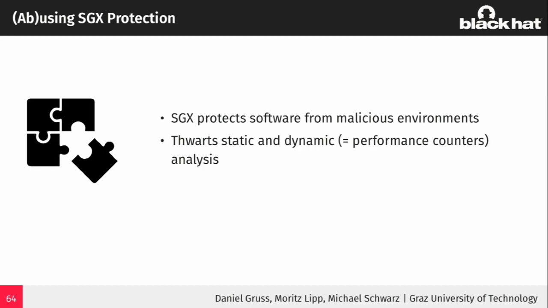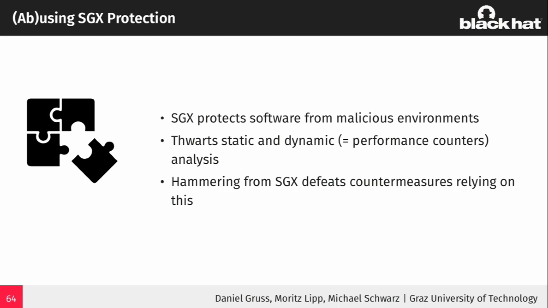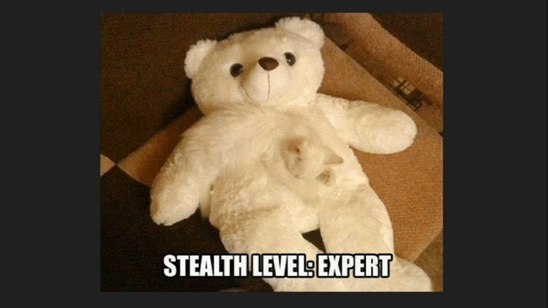And we can't do anything with the software that's running in there. We don't have dynamic analysis, we don't have static analysis, we don't have performance counters, so everything is invisible. If we now hammer from inside the SGX enclave, then we defeat all the countermeasures that were proposed. It also protects our exploit from benign applications. Great idea, Michael. Great idea.